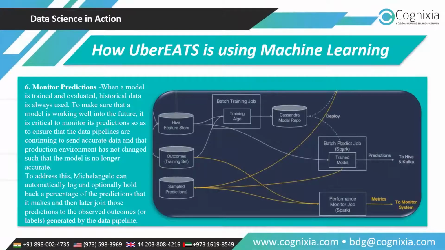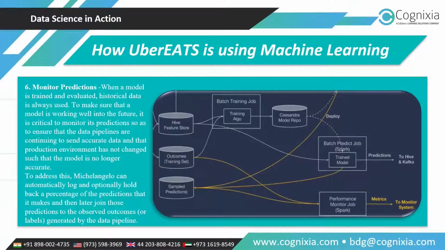Over the period of time, are these metrics improving, or are they getting worse? That type of monitoring is also done in order to make sure our model is making correct predictions over the period of time.